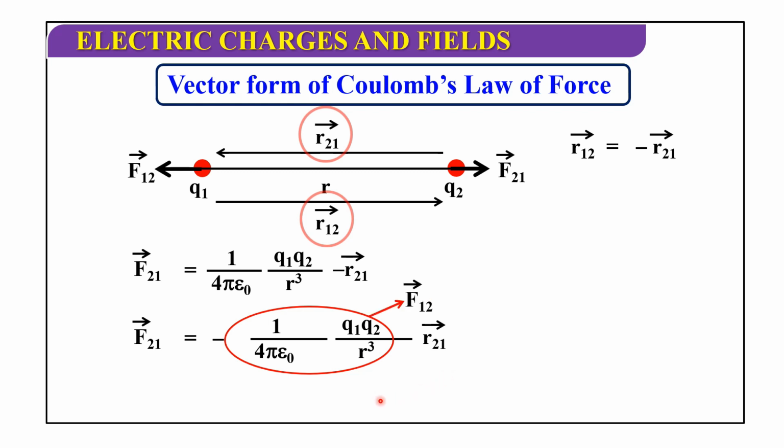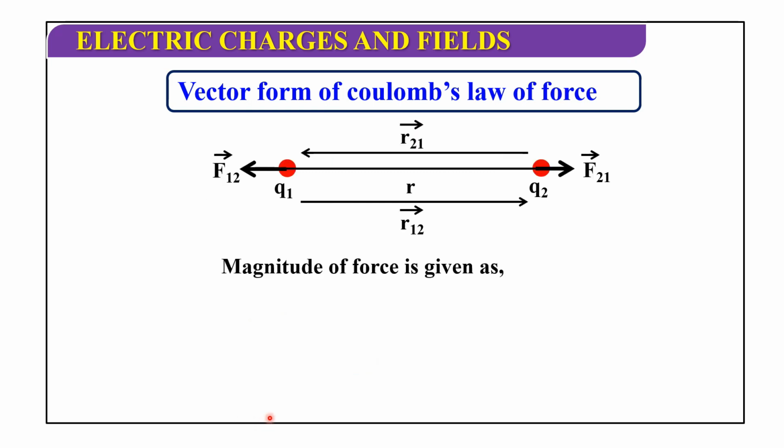This we already know as F12 bar. So F21 bar is equal to minus F12 bar. Magnitude of force is given as F21 equal to F12, which is equal to 1 by 4 pi epsilon naught Q1 Q2 by r square.